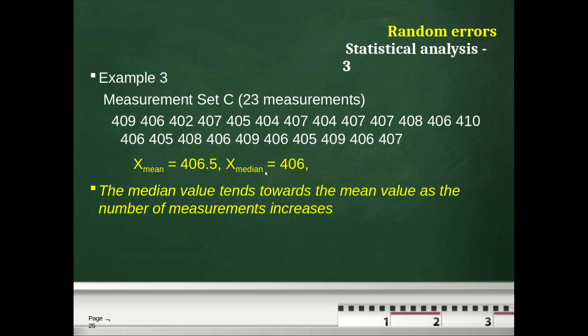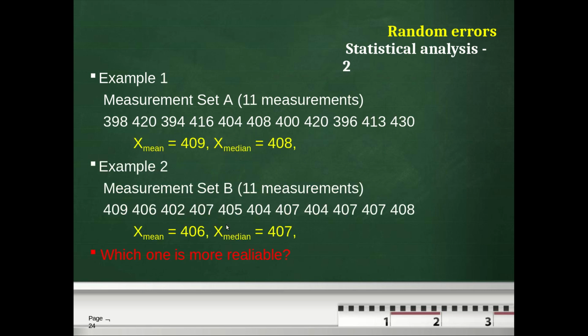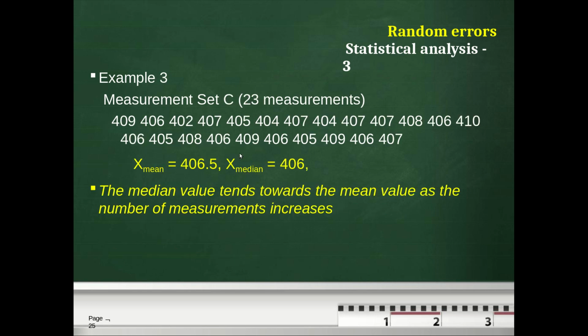We measure both of them to see if the median value tends toward the x mean as the number of measurements increases. Because the measurements are very few here in set A and set B, there is a huge difference. As the number of measurements increases, the median tends toward or becomes the same as the x mean.